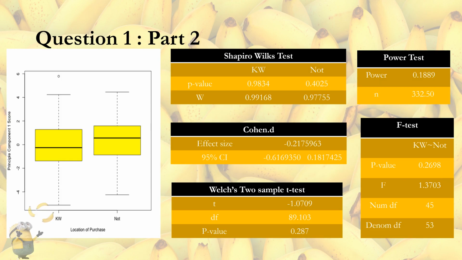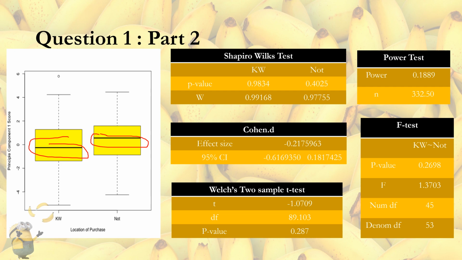So here in this slide, we have a box plot and the different statistical tests that were used to describe this box plot. The box plot basically represents the relationship of principal component 1 scores between the location of banana purchase. So either the bananas were bought in Kitchener-Waterloo or outside of Kitchener-Waterloo. The box in the box plot represents the middle 50% of data that was collected, and the middle horizontal line represents the median.